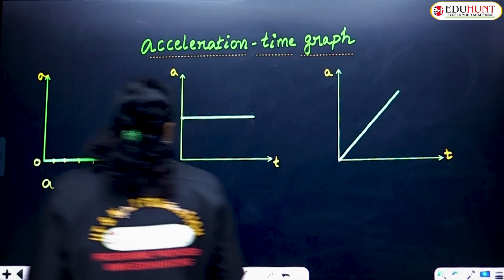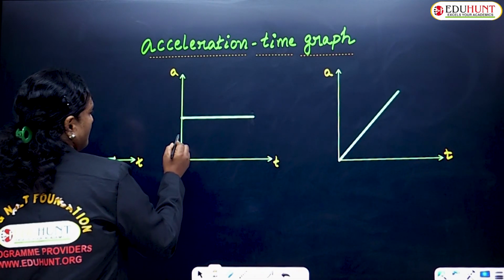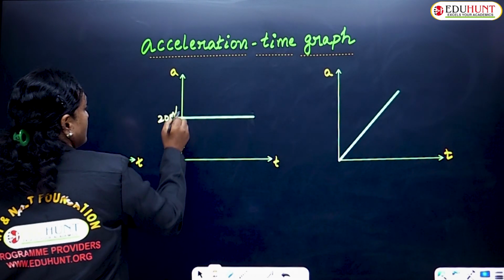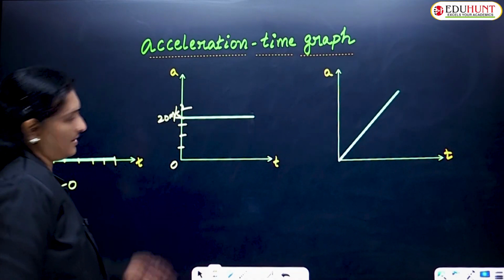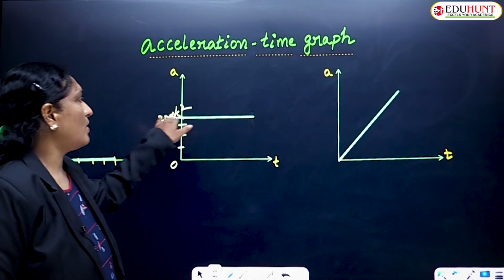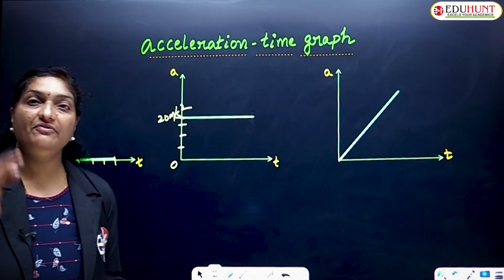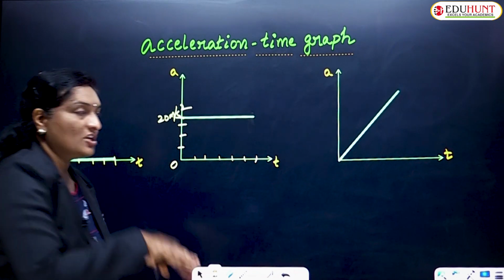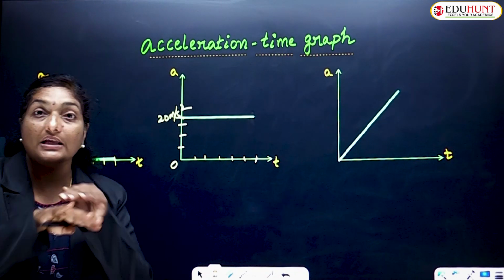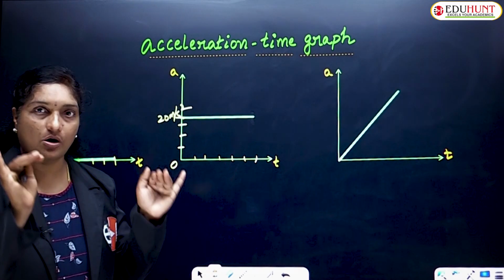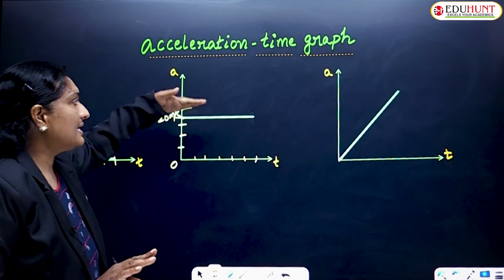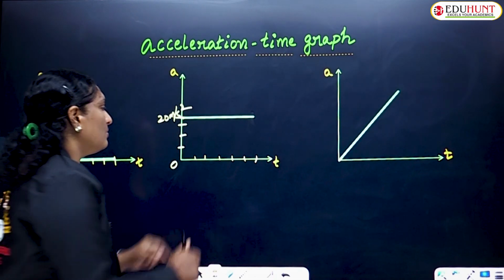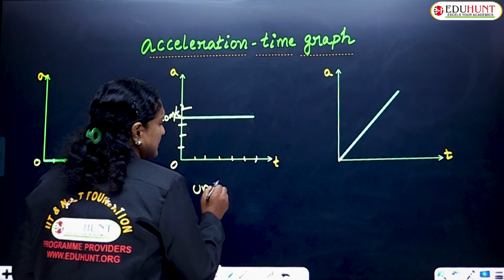Let us suppose some examples like 5 meter per second square, 10 meter per second square, 15 meter per second square, 20 meter per second square. So everywhere the acceleration remains constant. After every time interval, the acceleration remains constant. That means the body moves with uniform acceleration or constant acceleration. The acceleration time graph parallel to the time axis means the body moves with uniform acceleration.